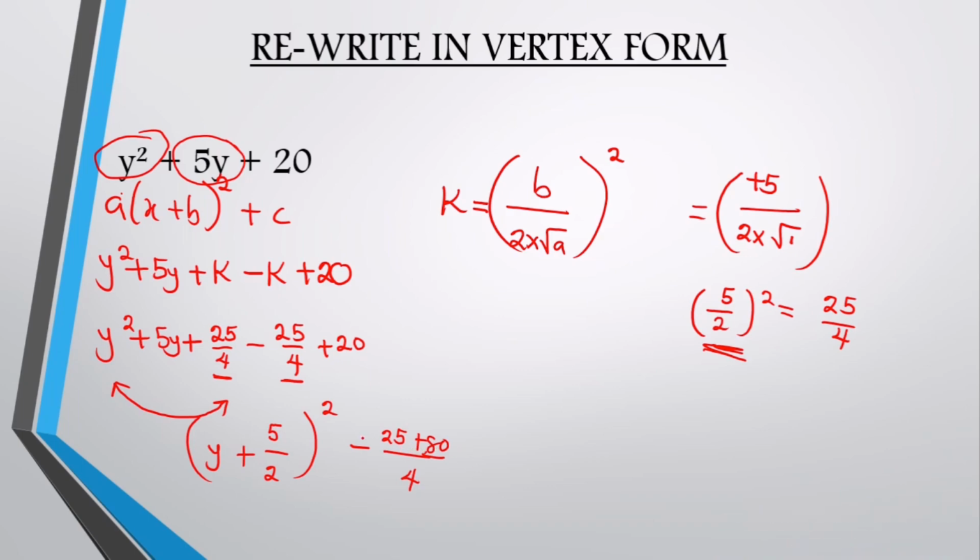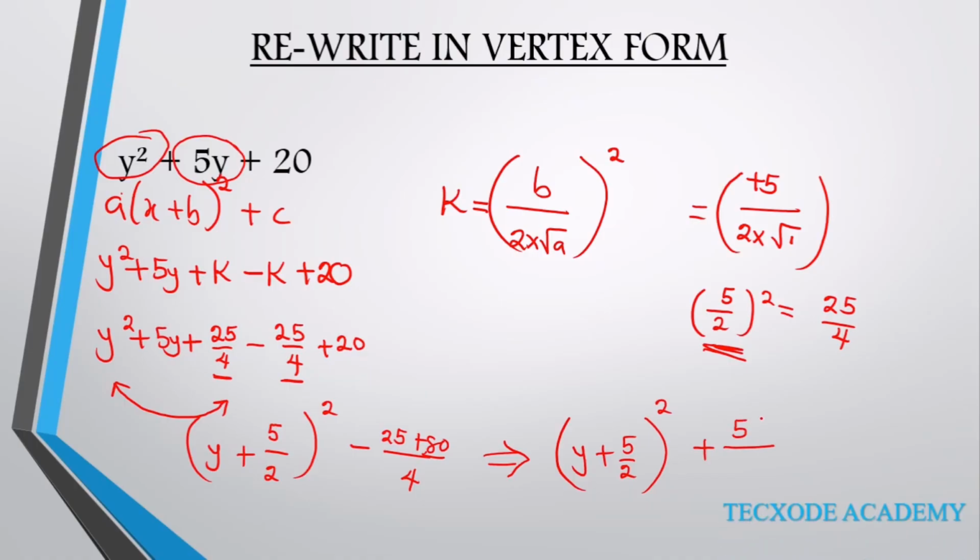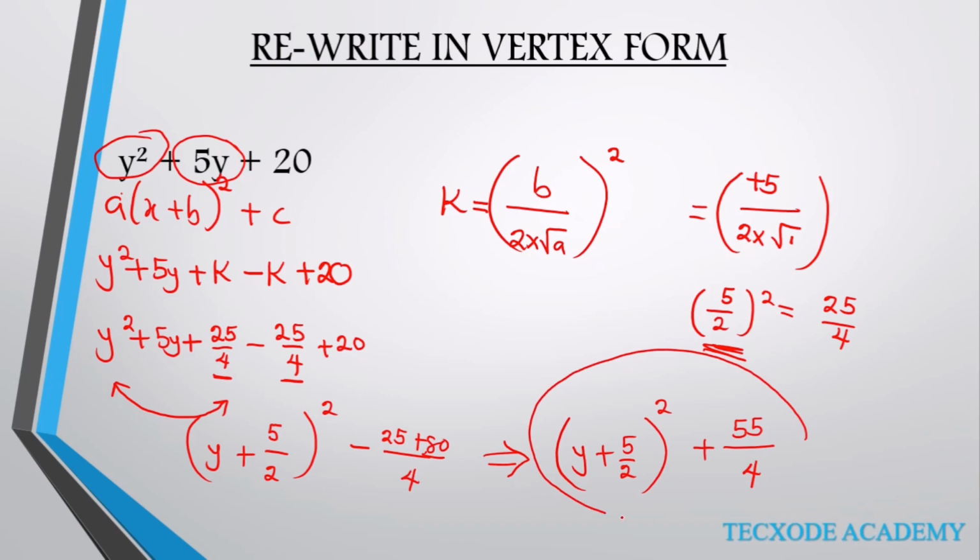So 80 take away 25, this will imply that this expression becomes y plus 5 over 2 all squared. Now plus, and of course if you take away 25 from 80, you're going to get 55 over 4, positive. Now this is the vertex form.